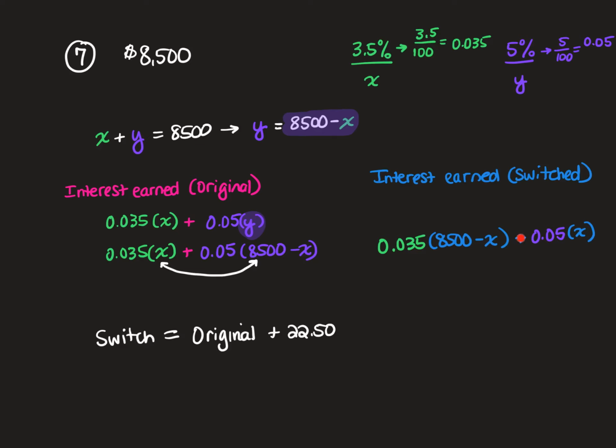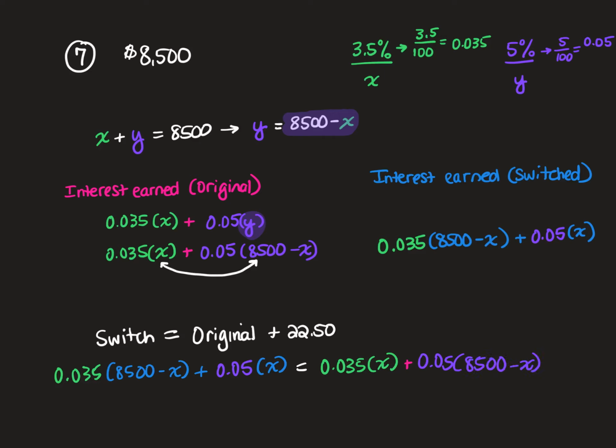I can take the switch and I can write that. So 0.035 times 8,500 minus X plus 0.05 times X equals my original investment, which is 0.035X plus 0.05 times 8,500 minus X, with an additional $22.50 added on.